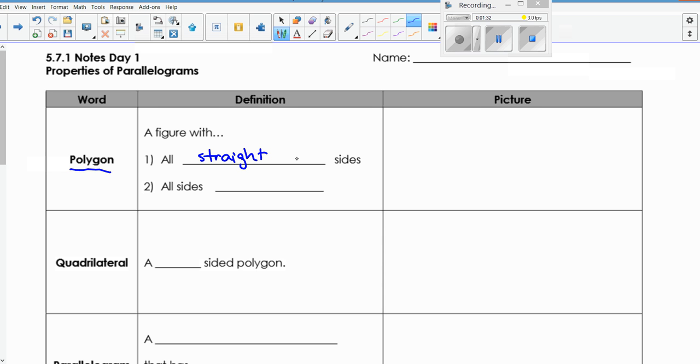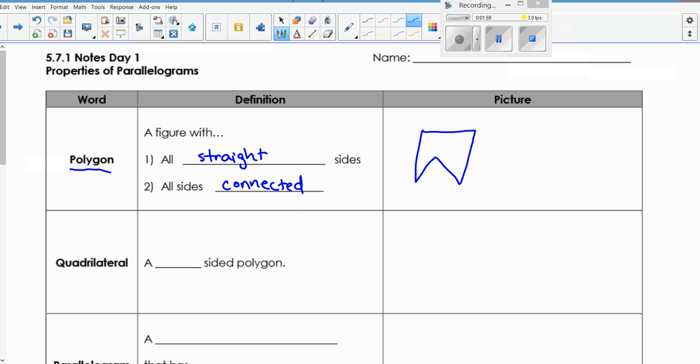Can't have any curved sides, so like a circle is not a polygon. A polygon also has all sides connected. So an example of a polygon would just be something like that. So all straight sides, 4 sides, polygon.